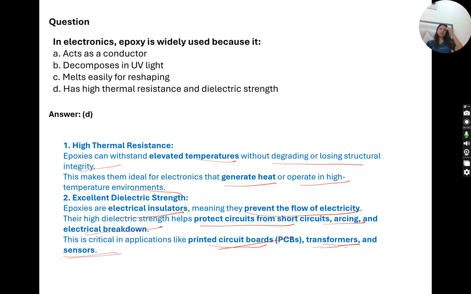So because of their electrical insulation and their resistance to elevated temperature, these kinds of epoxies can be used in electronics as coatings or adhesives. Polyurethane also, along with epoxies, can be used in electronics for coating purposes.